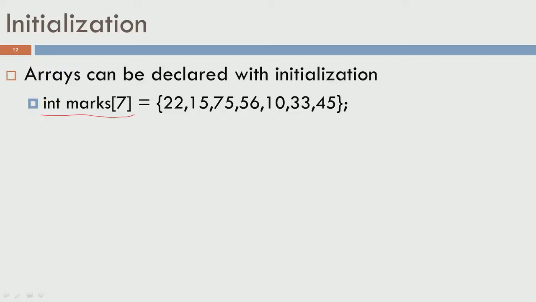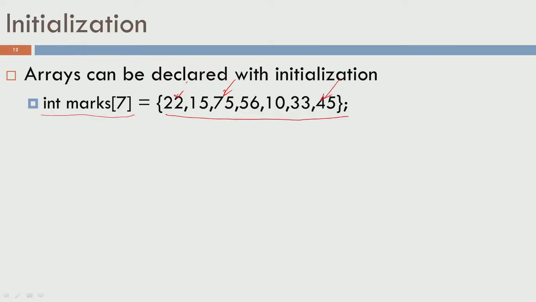So, int marks of 7: I am declaring marks to be an integer array of 7 elements, and you can specify the list of values on the right hand side using curly braces. In this case marks of 0 would be 22, marks of 2 would be 75, marks of 6 would be 45, and so on.